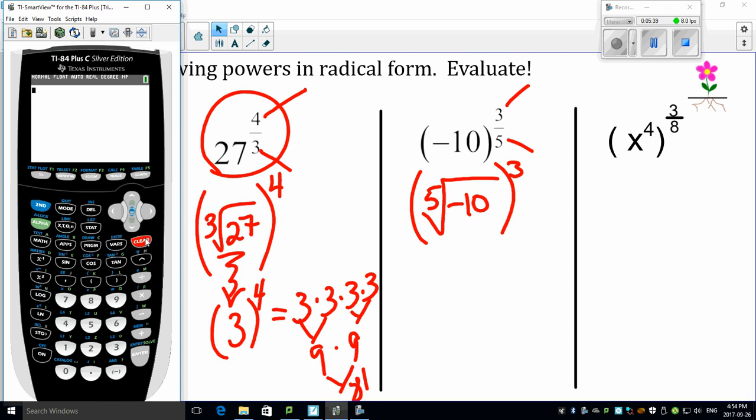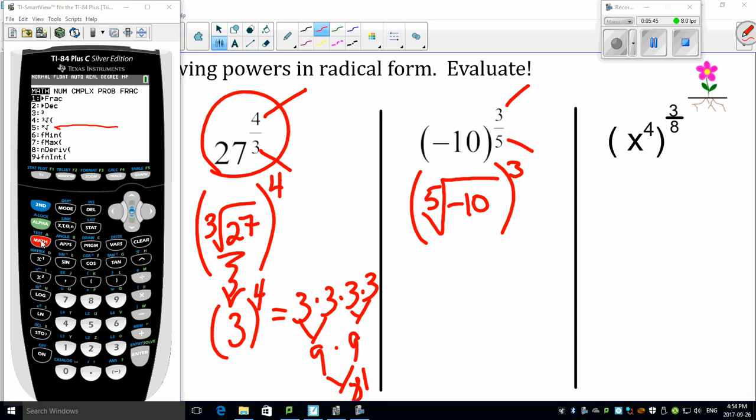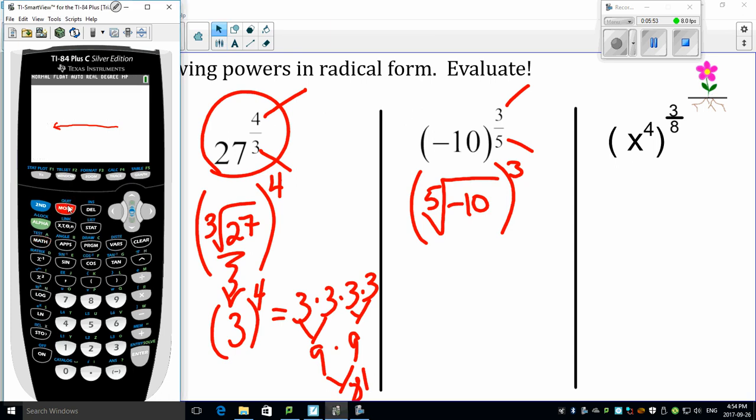So to do the 5th root, look how awkward this is. You have to go in here and you actually have to use this thingamajig right there. Okay? So before we can do that, watch what we have to do. We have to hit second quit. Okay?